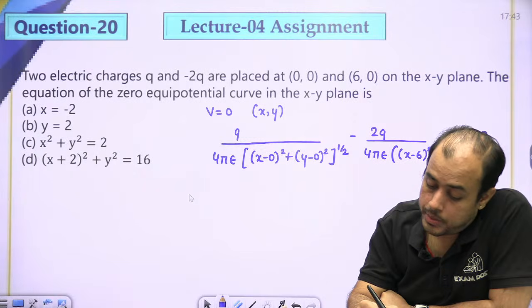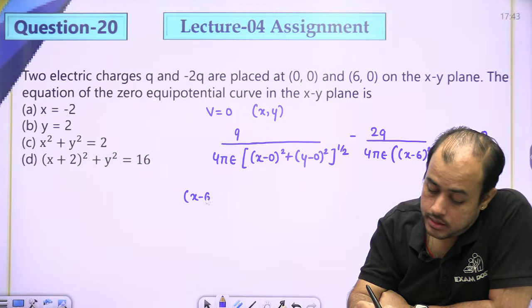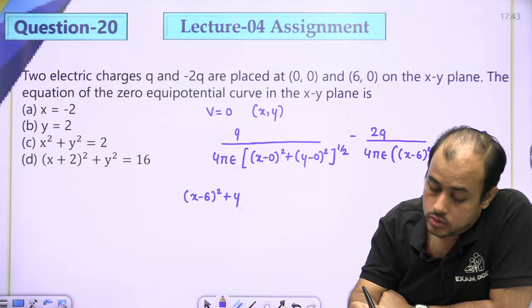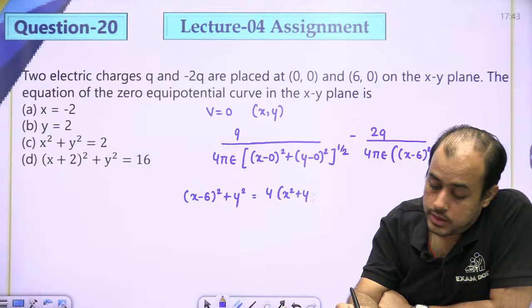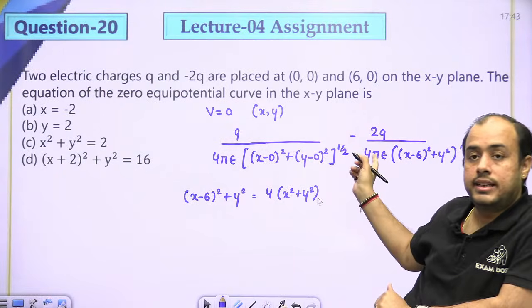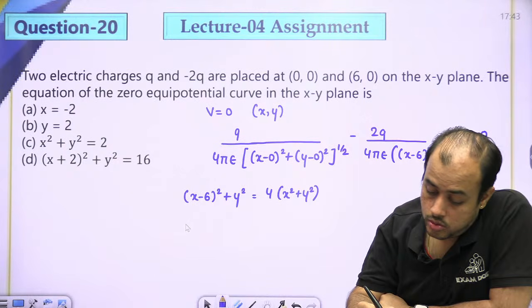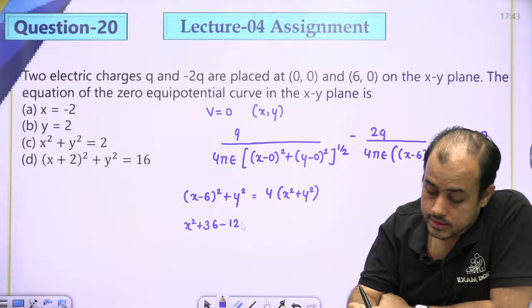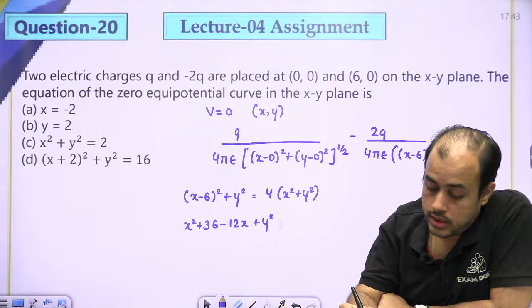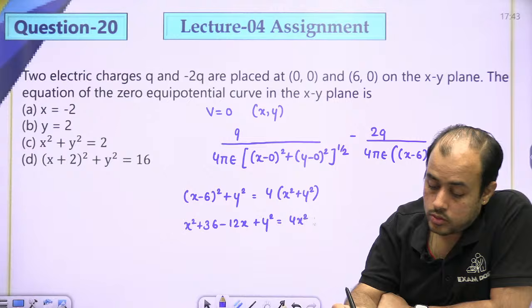Take q by 4 pi epsilon common. (x minus 6) square plus y square equals 4 times (x square plus y square). I am squaring both sides. So it will be x square plus 36 minus 12x plus y square equals 4x square plus 4y square.